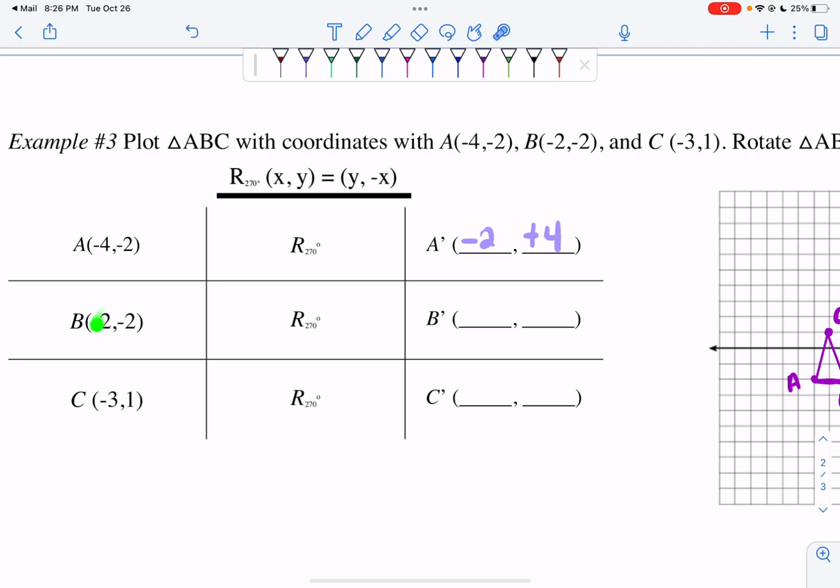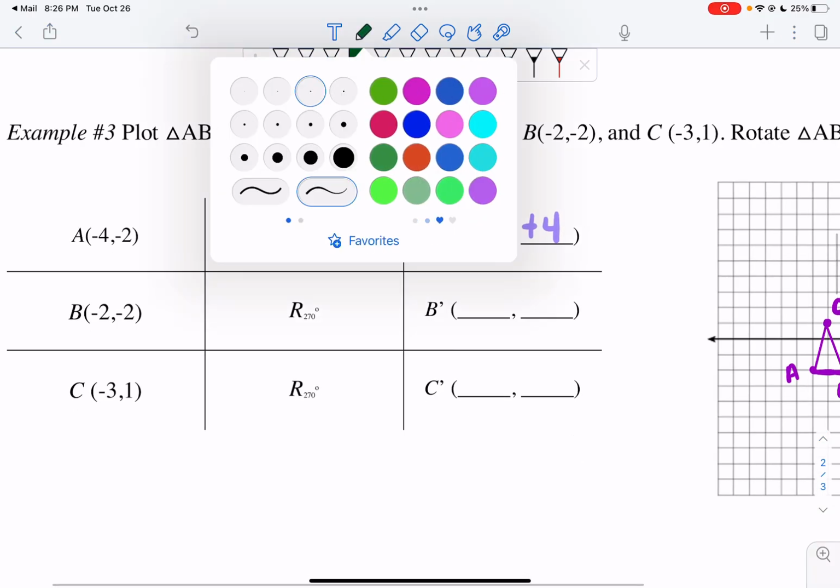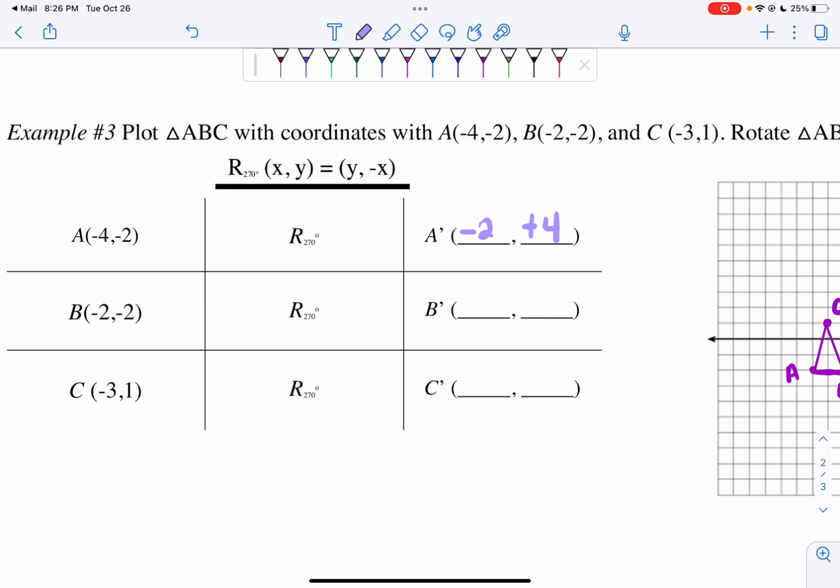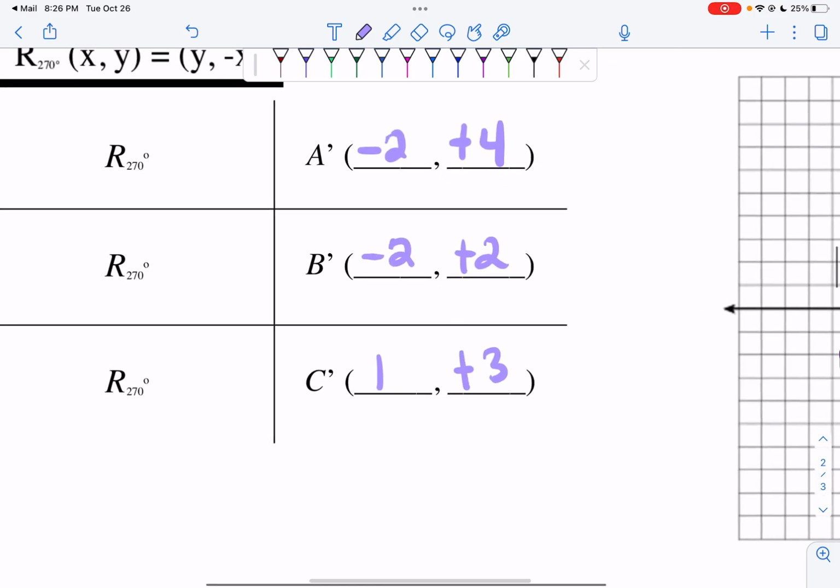Now I switch my -2's around, so there's still going to be -2, -2. But I negate that second value, so my -2 becomes a +2. I switch my -3 and my 1, and I negate my second value, so it's going to be a +3.